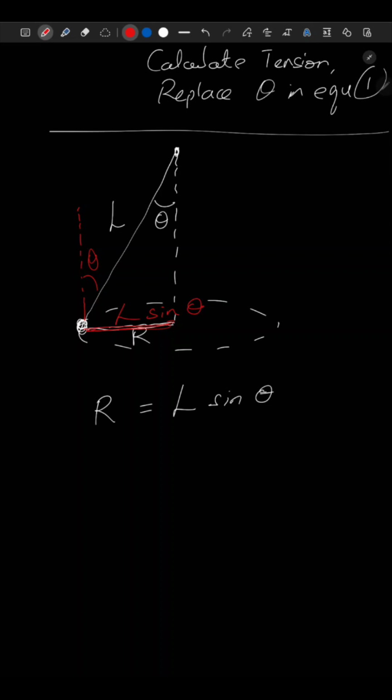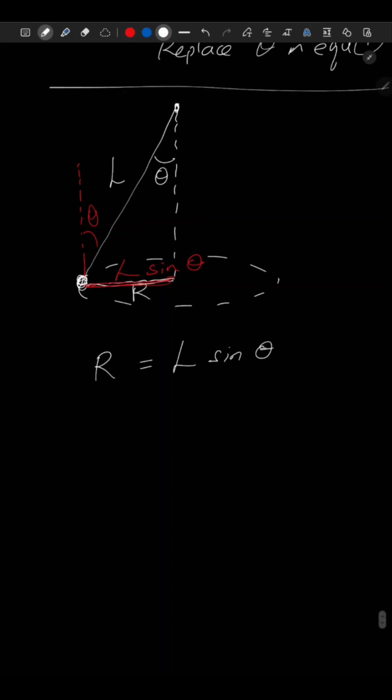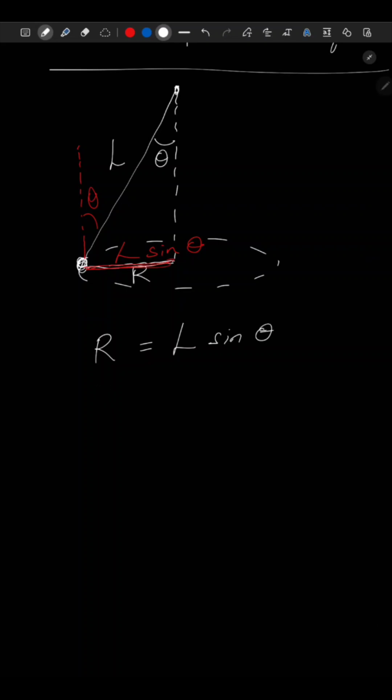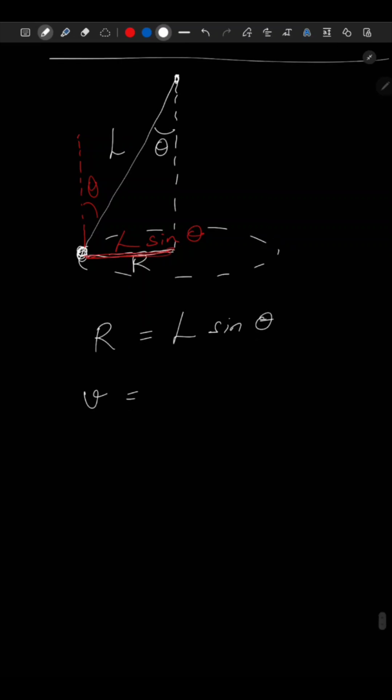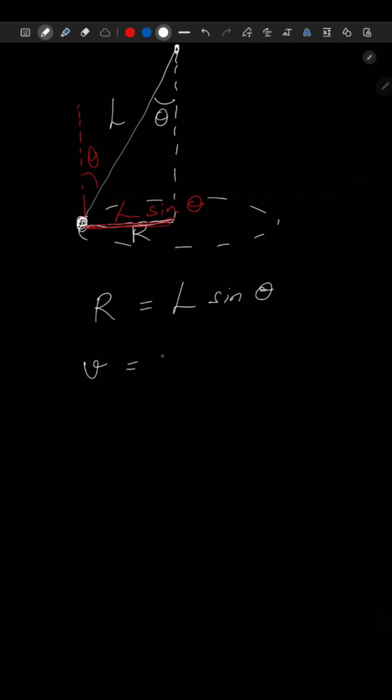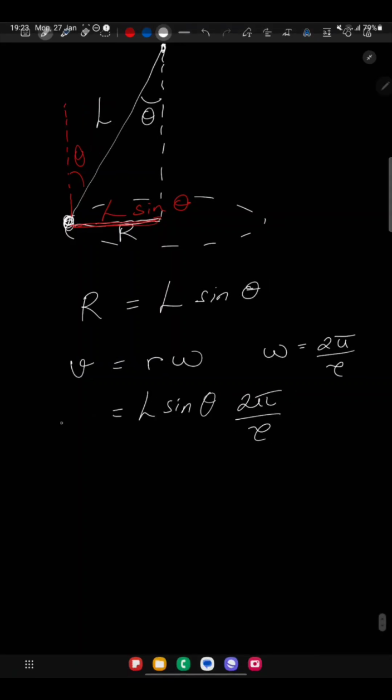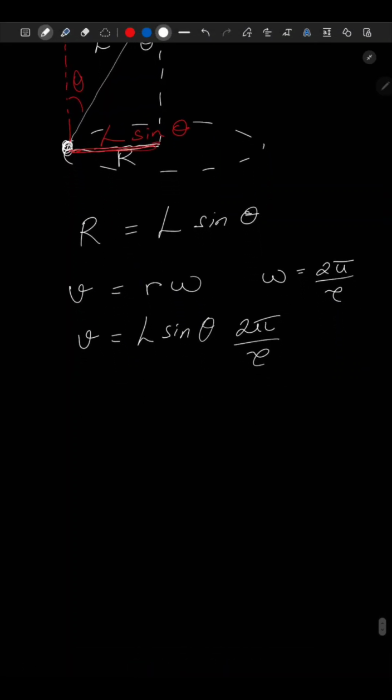Okay, and now we can say that the velocity is given by R times omega, and omega is just 2 pi over tau, the period of revolution. So we can just replace everything. R is the radius, so it is L sine theta multiplied by 2 pi divided by tau. So this is the velocity at which the particle is traveling.